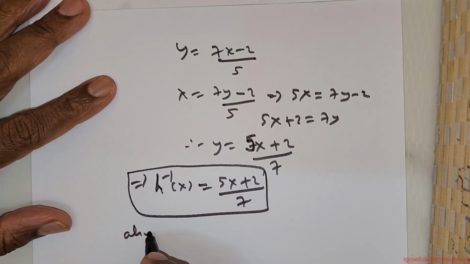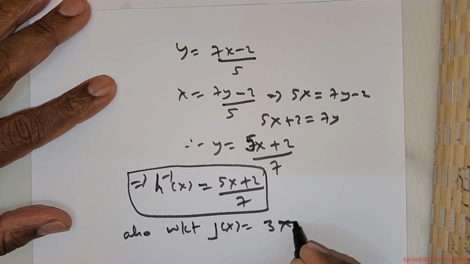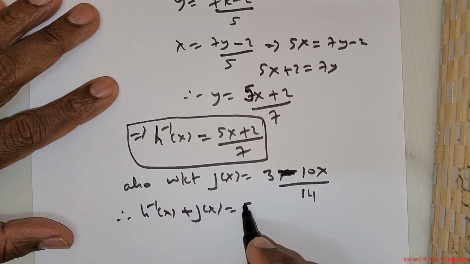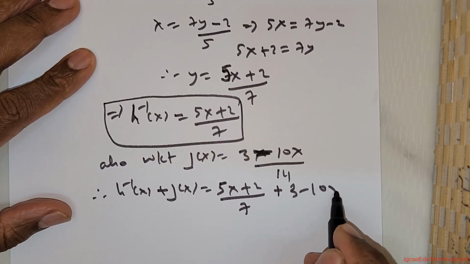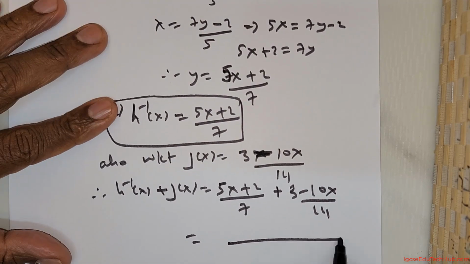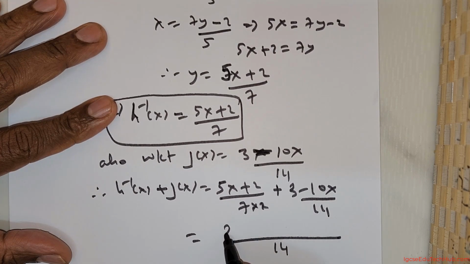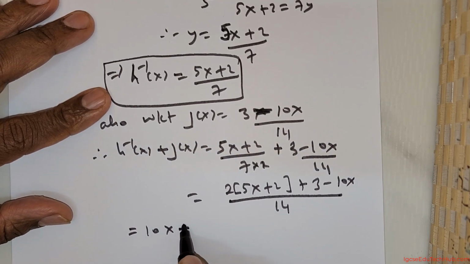Now j of x, we also know, is (3 - 10x) divided by 14. So therefore h inverse of x plus j of x is equal to (5x + 2) divided by 7 plus (3 - 10x) divided by 14, which is equal to, LCM is 14, you multiply by 2 because 7 divides 14 two times, so 2 times (5x + 2) plus (3 - 10x), which is equal to 10x + 4 + 3 - 10x.